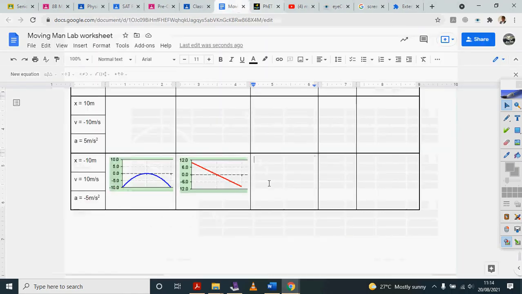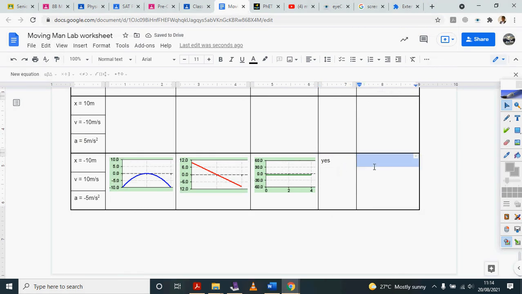Is this what I expected? Again, I'm being honest, yes. Now the descriptions. The position time graph is concave down, right? Concave down, or you can say curves downwards.